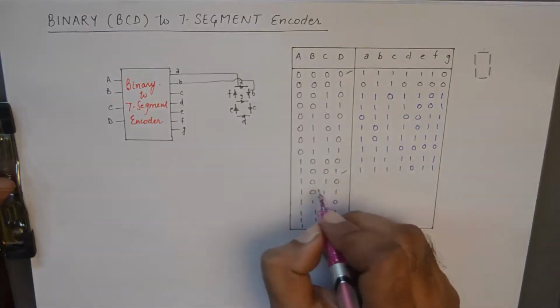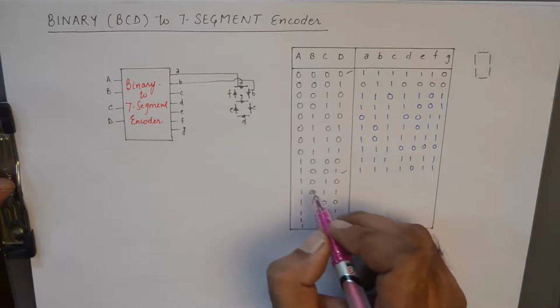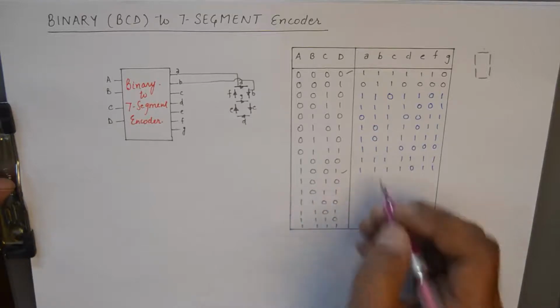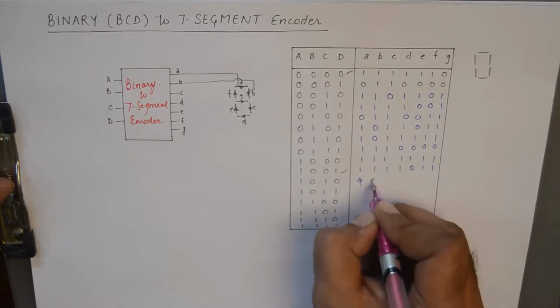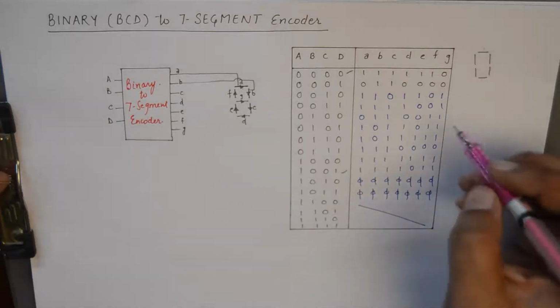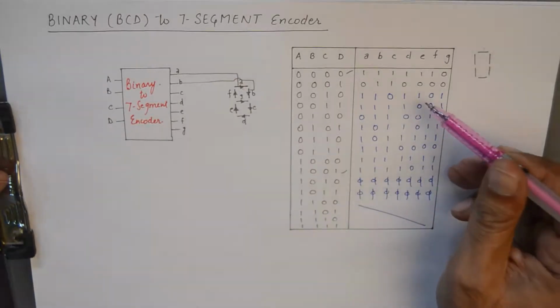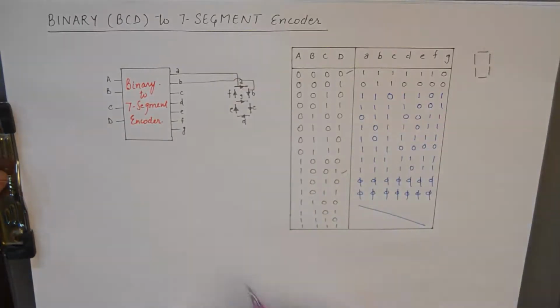Right? And for the inputs 10, 11, 12 and so on, we get a do not care. We have a relationship of outputs with the inputs.